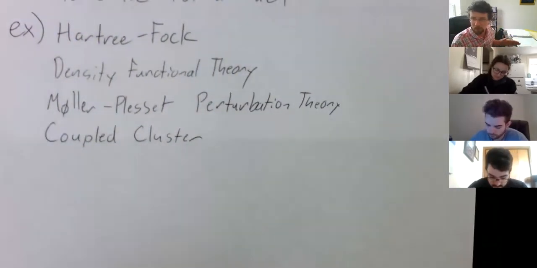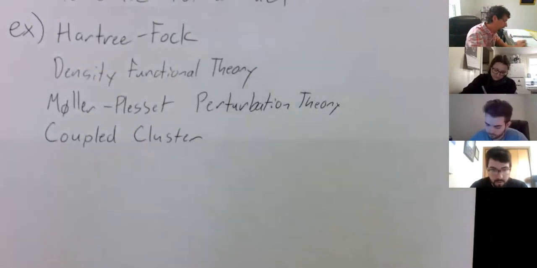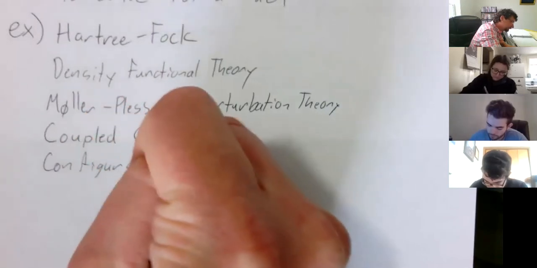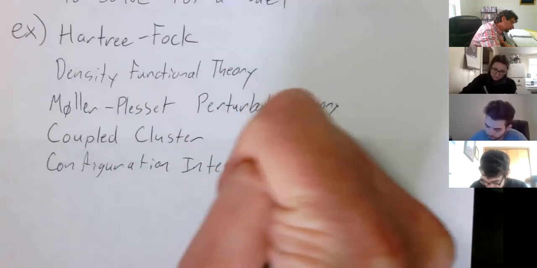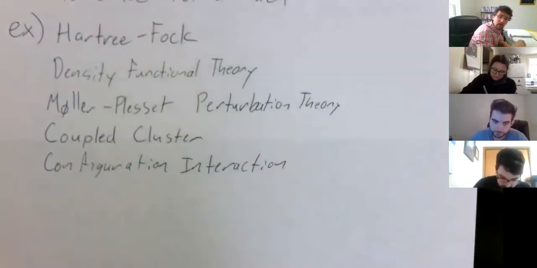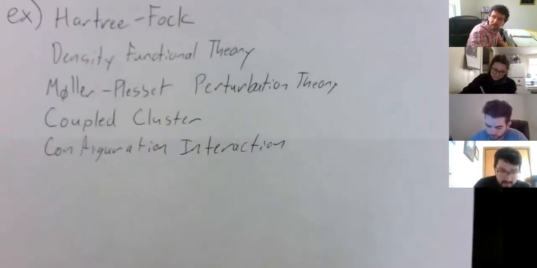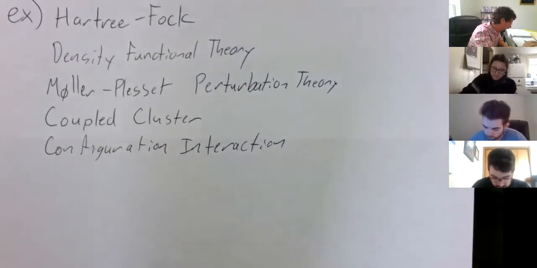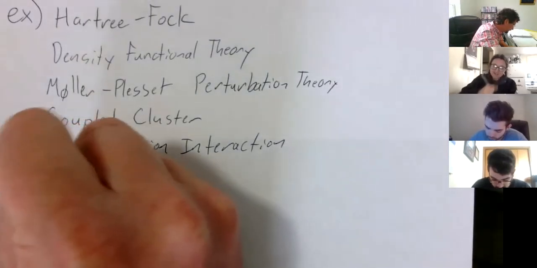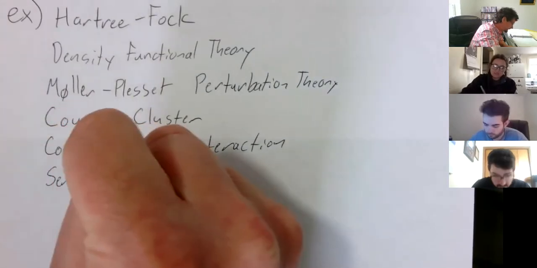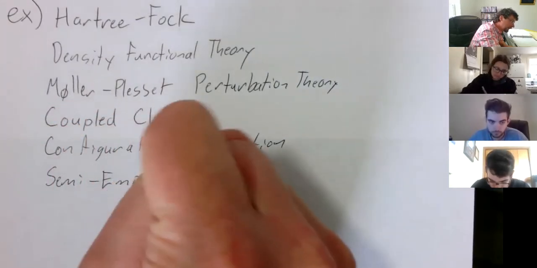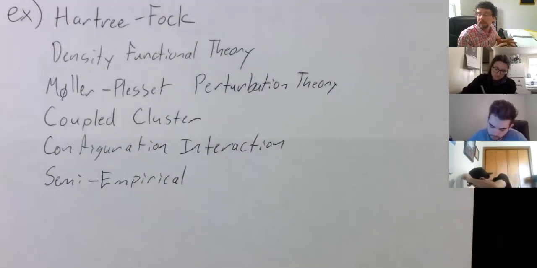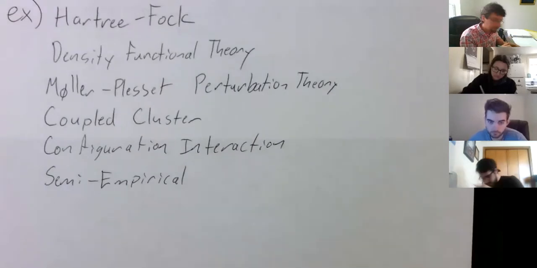There's one called coupled cluster, which we talked a little bit about in lab. There's configuration interaction. And then there are what are called semi-empirical methods, and these basically take the tough parts of some of these other ones and make them easy and quick. But the problem is you have to have experimental data to build these with.